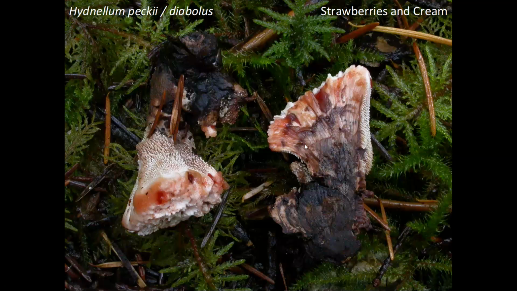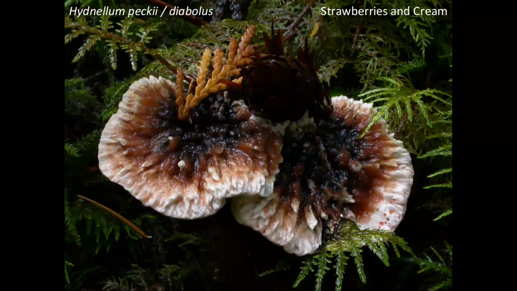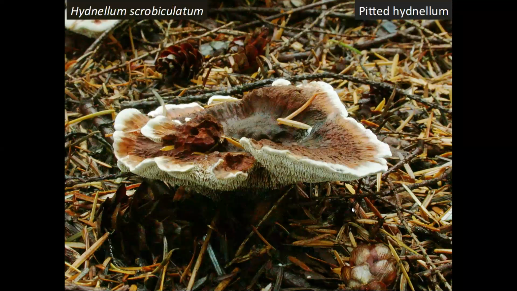Here is the interior texture of one that's fairly young, so you still see a lot of the red fluid in the top, but internally it is just a dull, darkish brown.